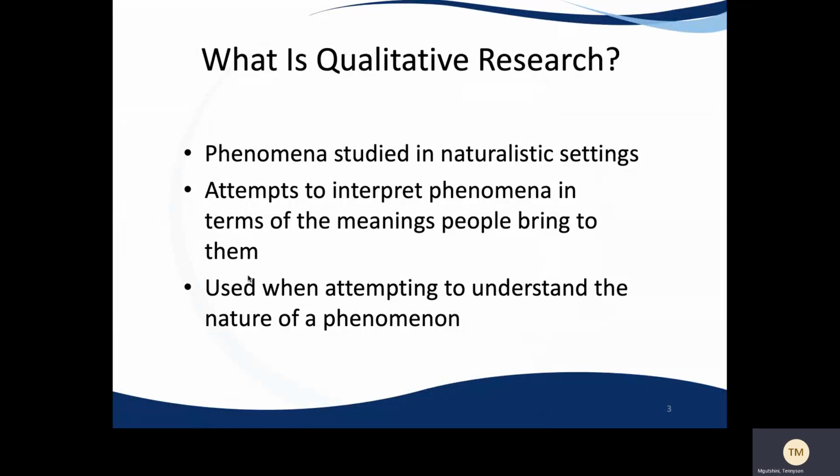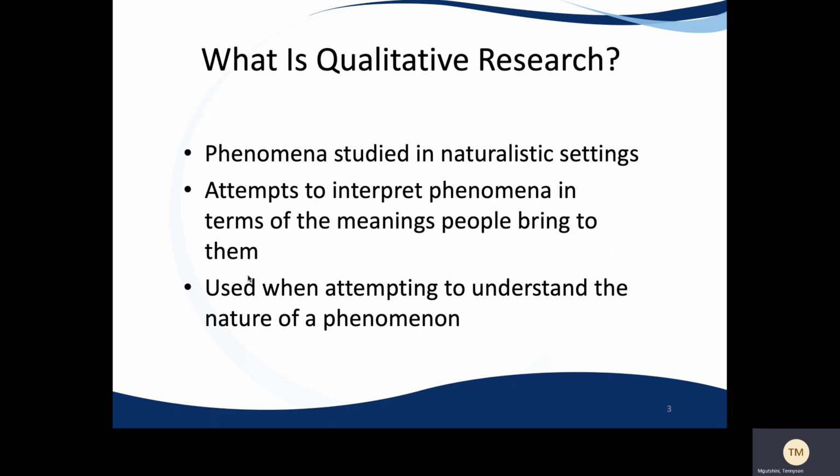So once again, here are some key aspects around qualitative research. It's studied in naturalistic settings, what we mean by that is that in qualitative research, we study things in the natural setting in which that phenomena occurs. So we do not create a laboratory environment or an experimental environment.